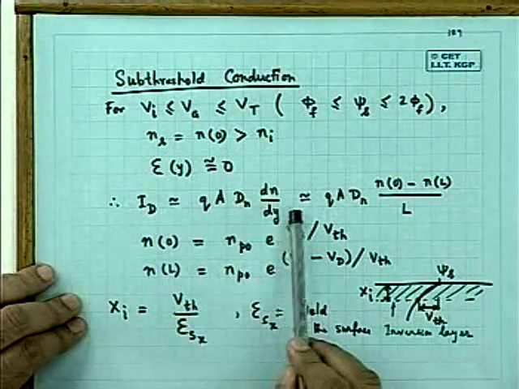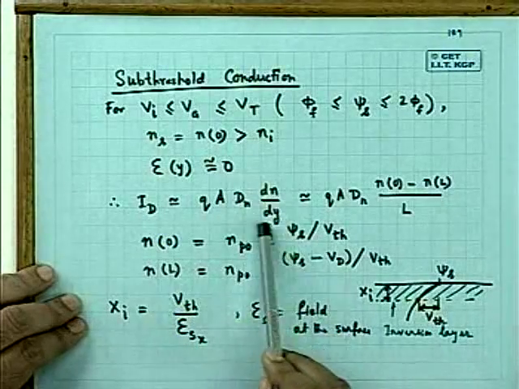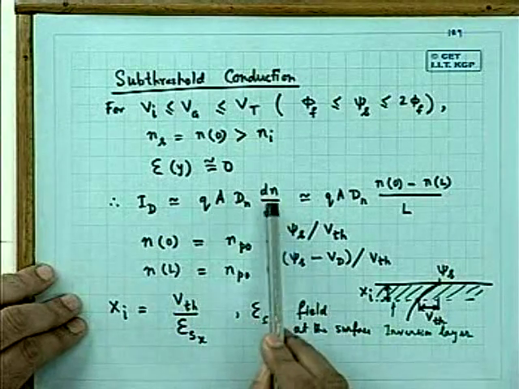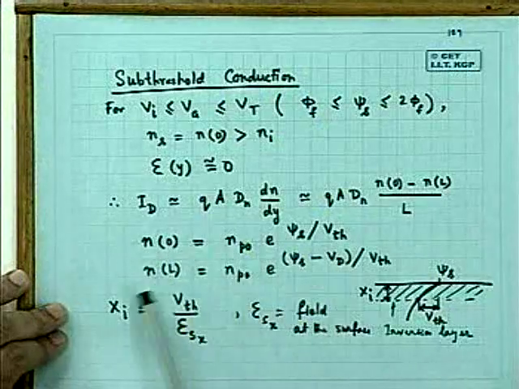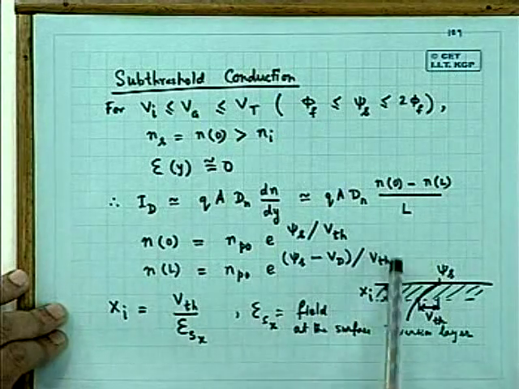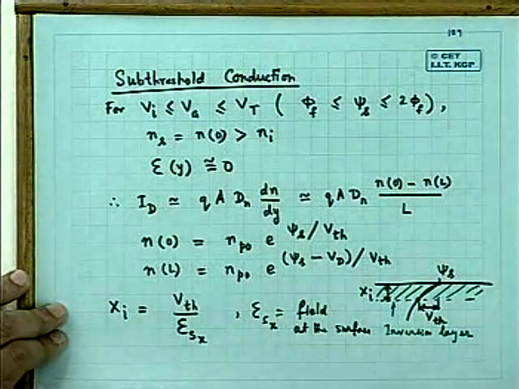For that, we linearize the concentration gradient. Instead of writing dN dy, for analytical simplicity only, we write dN dy as n0 minus nL by L, writing n0 and nL using the Boltzmann approximation equations.